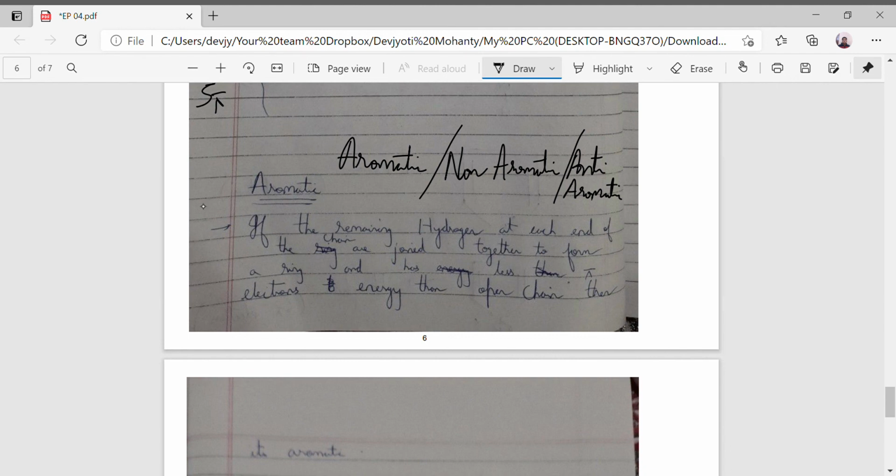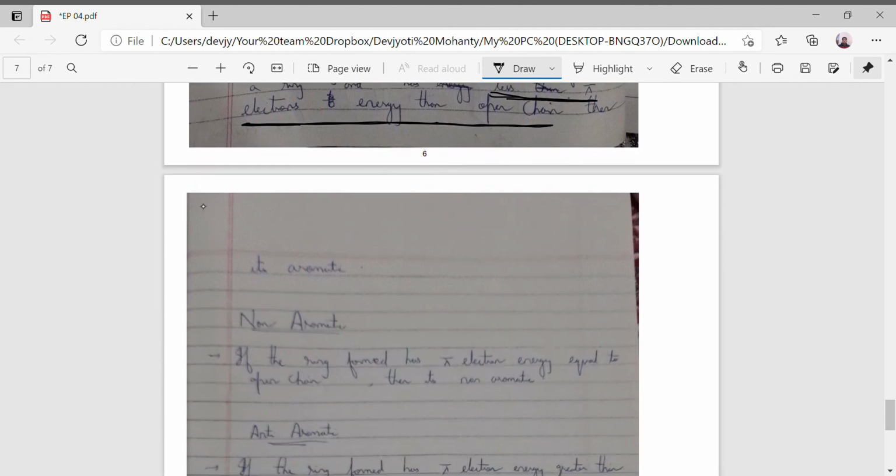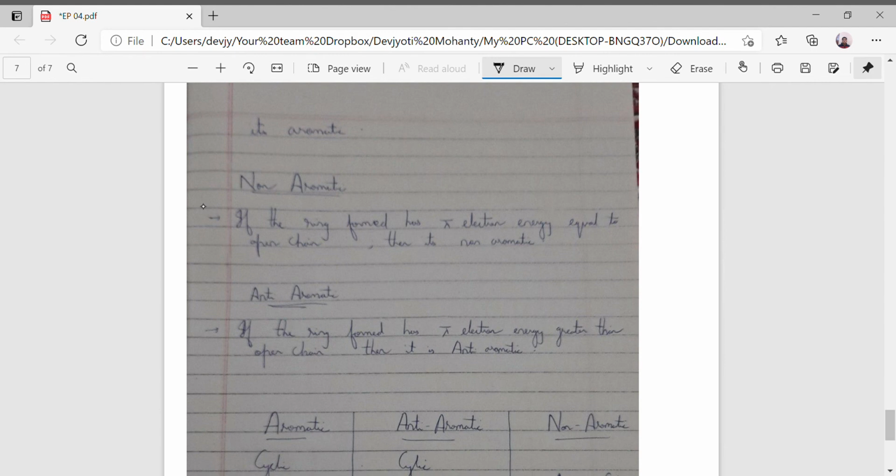So I have written here: less pi electron energy than open chain, then it is aromatic. But if the pi electron energy is equal to open chain, it is non-aromatic. And if the pi electron energy is greater than open chain, it is anti-aromatic.